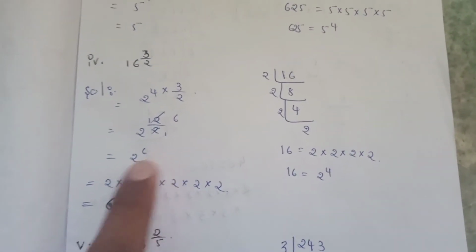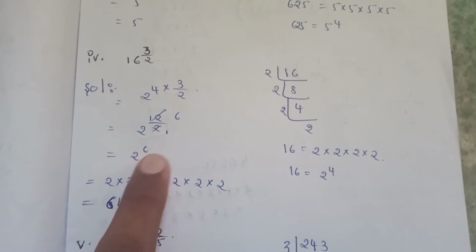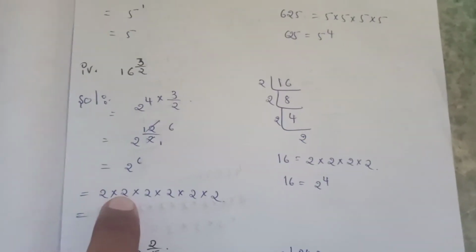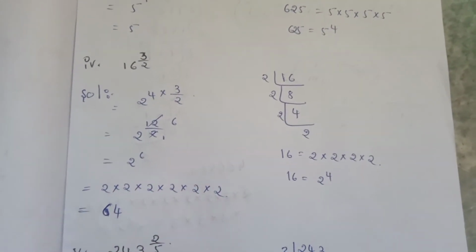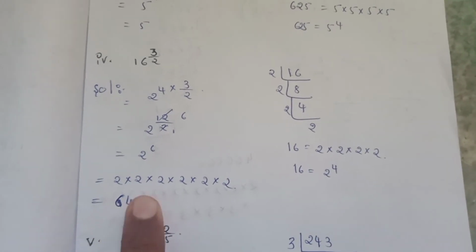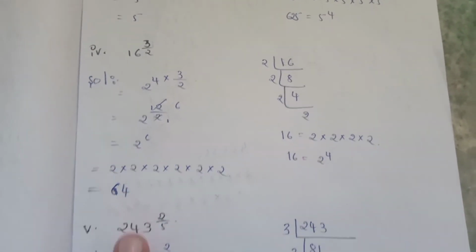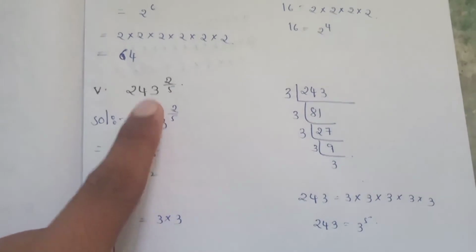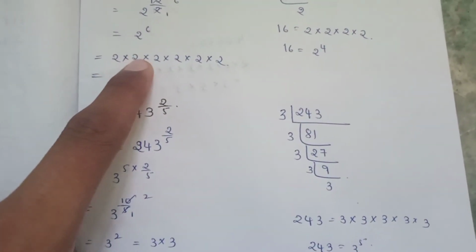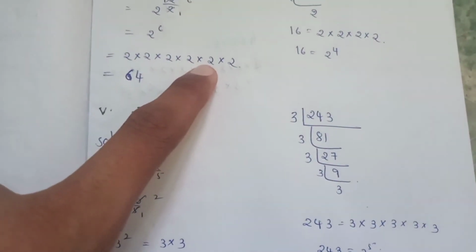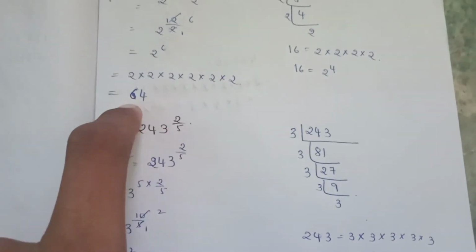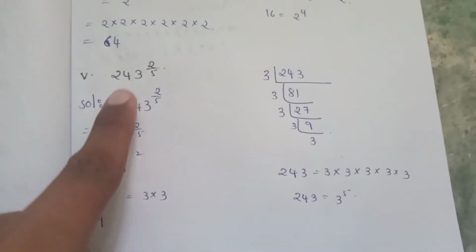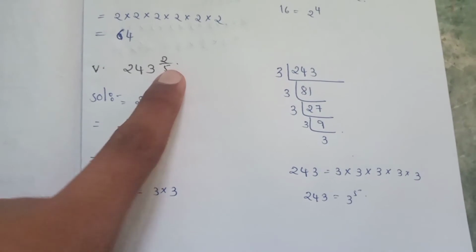We have to write 2 six times: 2 into 2 into 2 into 2 into 2 into 2. 2 power 6 is nothing but 64. How 64? 2 2s are 4, 4 2s are 8, 8 2s are 16, 16 2s are 32, 32 2s are 64.